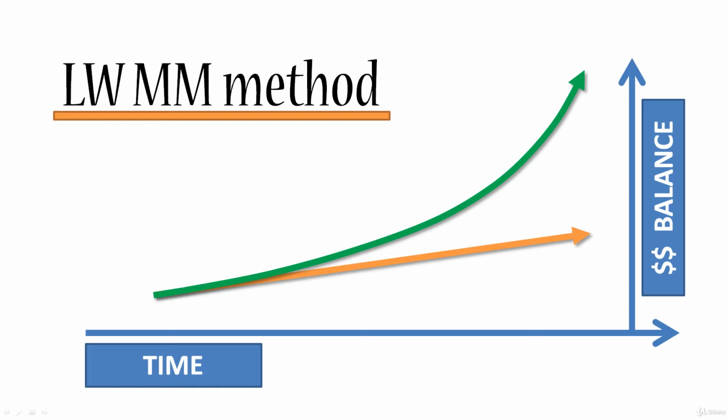You'd be exiting the market also at the same signals as you would be without the Larry Williams money management method. So you'd be doing exactly the same things, and just by adjusting the volumes of your transactions using the techniques that Larry Williams presents us with, you would be able to convert linear growth into exponential growth.